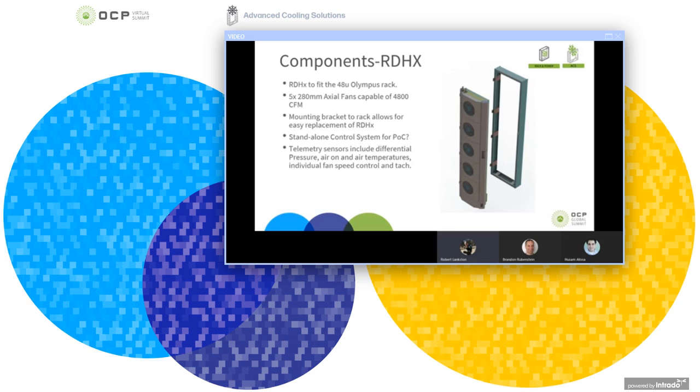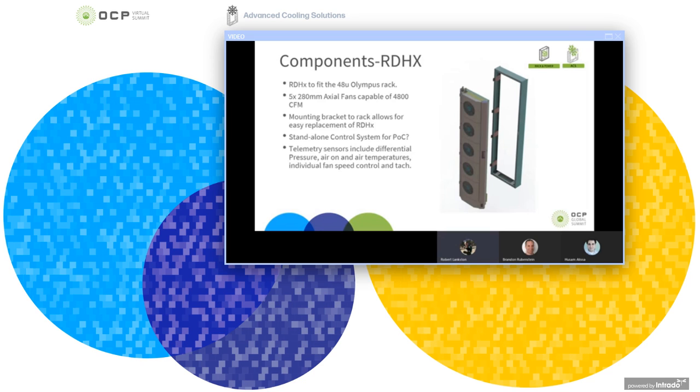It uses 5 hot swappable 280 millimeter axial fans capable of up to 4,800 CFM. There's a mounting bracket which provides the interface between the door and the rack and allows for easy replacement of the rear door if needed. This mounting bracket can be changed to allow for compatibility with either the Olympus rack or the open rack.